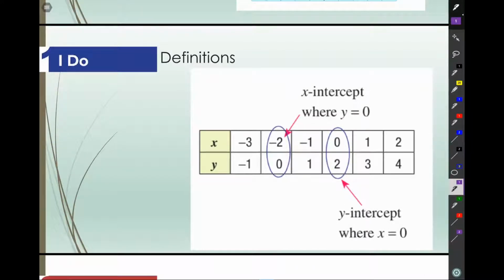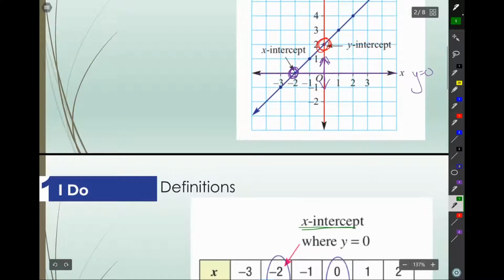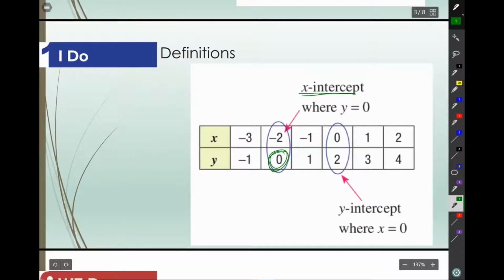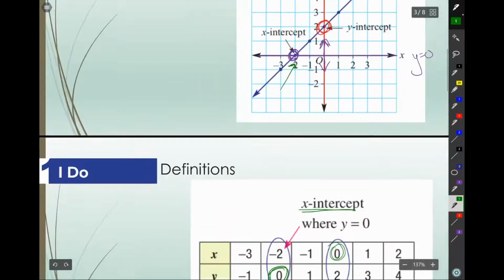And this is where we can see those points in a table of values. When we have y equaling 0 here, we're at our x-intercept. This point here, (-2, 0), is this point here. And when x equals 0, we have our y-intercept.